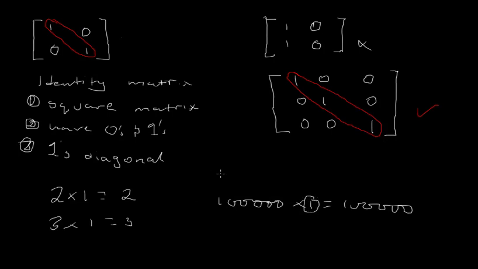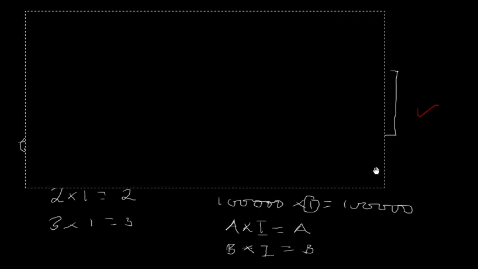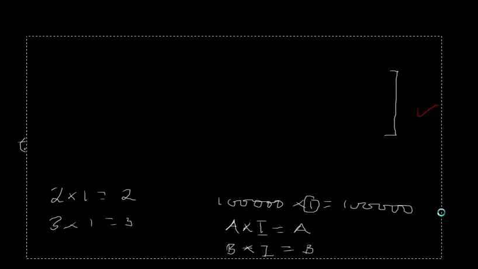Another important thing is that identity matrices are simply denoted by an I. So if you have matrix A multiplied by an identity matrix I, it should give you A. If you have matrix B multiplied by an identity matrix I, it should give you matrix B. I would have loved to go through examples and prove this, but it's just important that you know what identity matrices are, and you will rarely be examined.